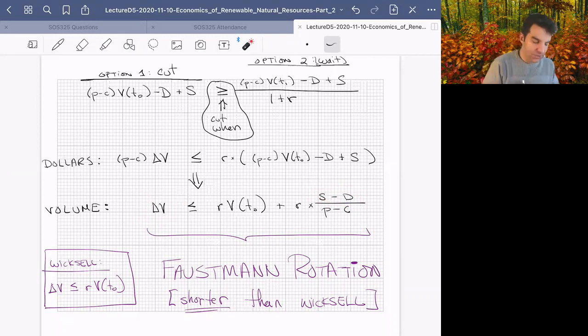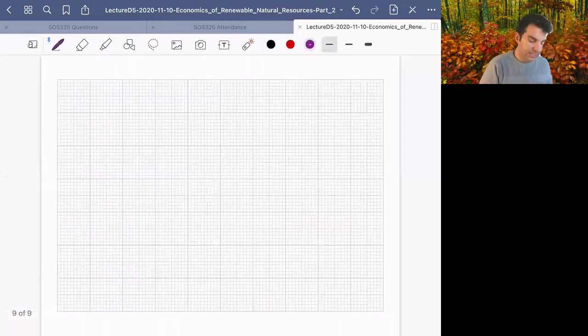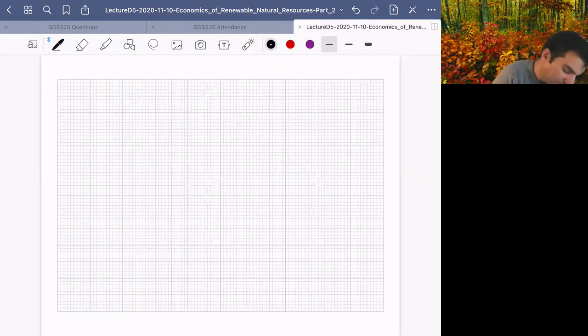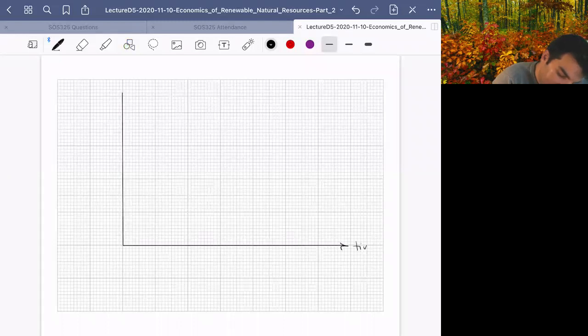And so I can draw, just to see all of that together, and this will be close to where we end today, I think. We might be able to get just a little farther. So I'll go back, draw my time, T. And this here is volume per year.